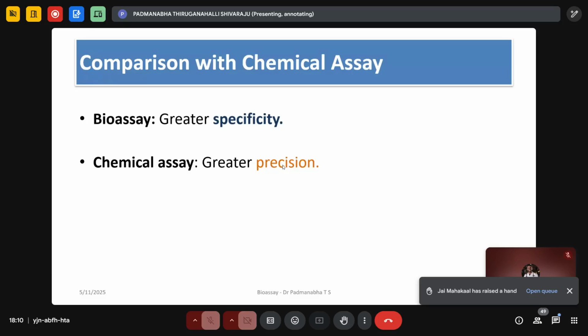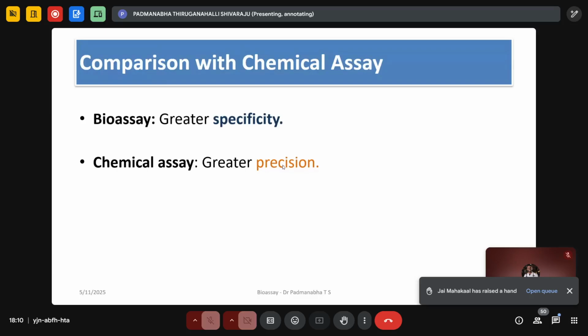In simple terms, when we look at any water pollution or air pollution, we look at what is the substance present in the air which is causing the pollution. In that case, chemical assessment provides a very precise amount or number of the substances or particulates present in the air or the water.